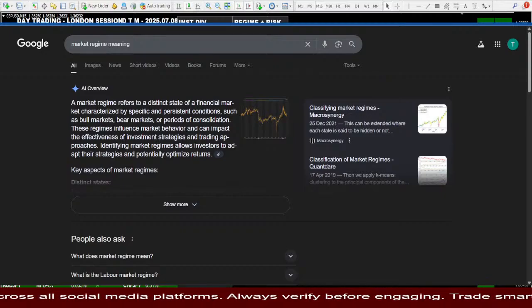Okay, and I would say that this oversees or refers to all the conditions of the financial market at a given time.